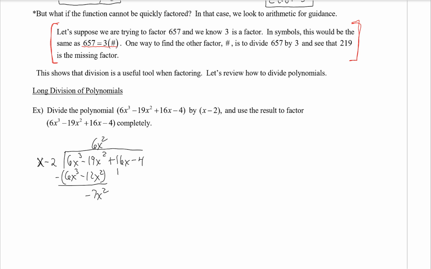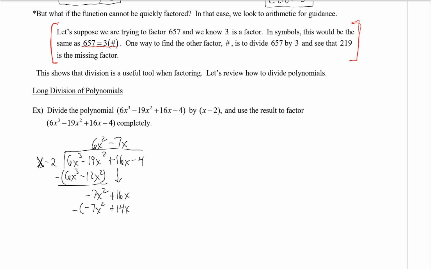And then, just like in elementary school, we drop down the next number, and we repeat. So then we say x times negative 7x would be negative 7x squared. And then we got to take negative 7x times everything out here. So then we're also going to get a 14x. Yep, that's right.